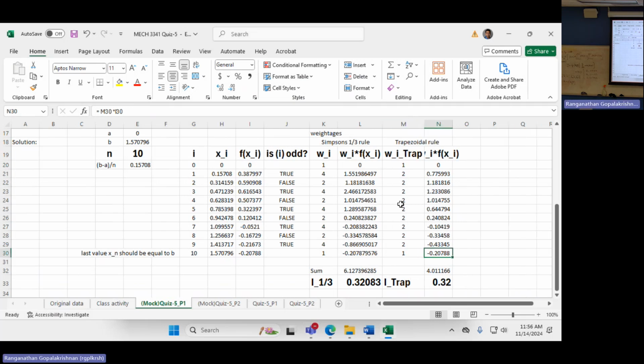Okay, where are you guys? Are you able to get the weightages? Are you able to multiply the weightage with the function? When I multiplied the weights with the function, I got a different number. It was positive, I changed it.